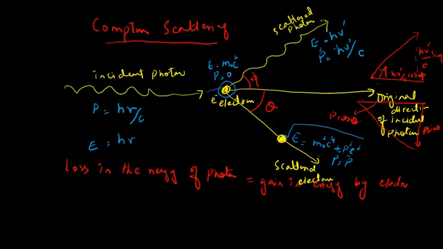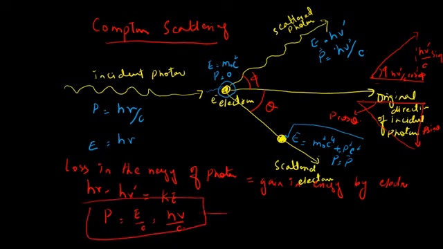So h mu minus h mu prime will be equal to the kinetic energy of the electron. In the same way, momentum equals E by c, which equals h mu by c. So this one is the momentum of the photon.